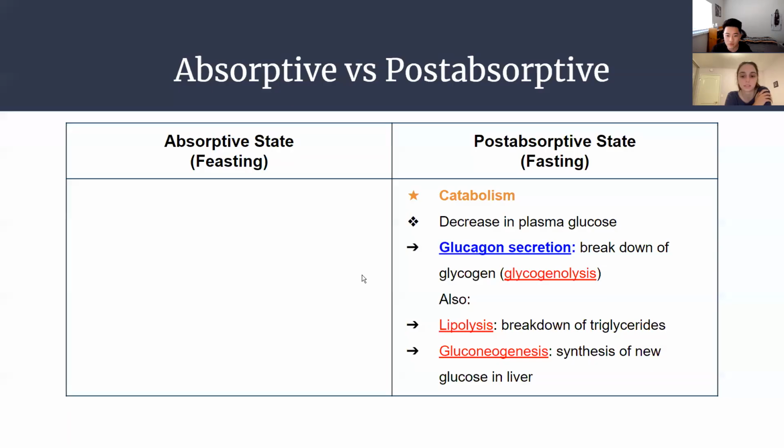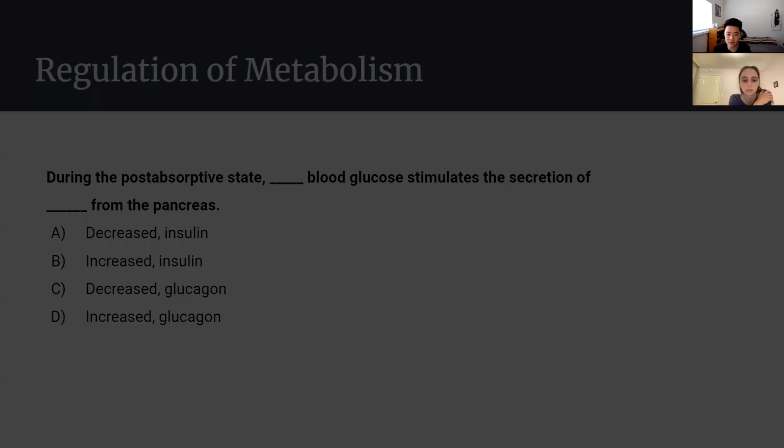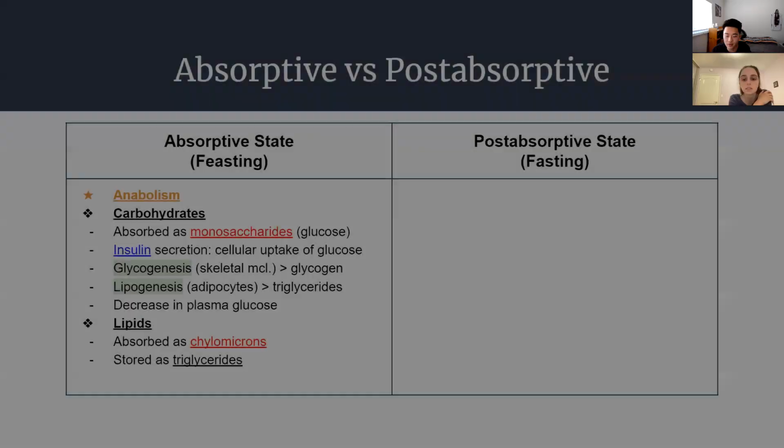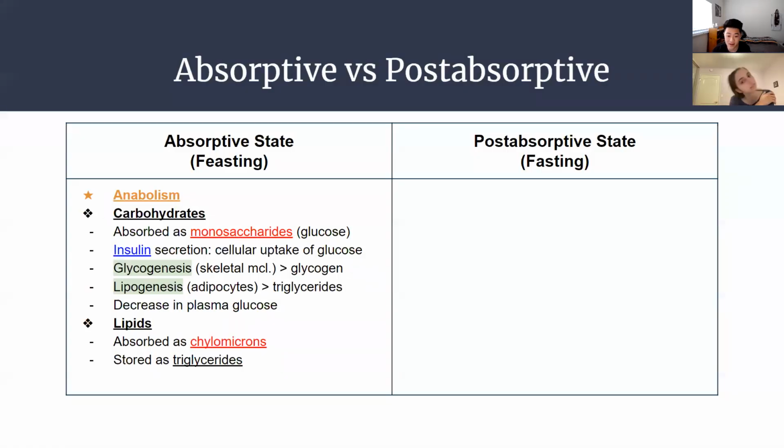And also for absorptive and post-absorptive states, where there are two different periods of metabolism, you can create a chart to understand it better. And also when you rewrite notes from lecture, try to write them in your own words rather than just copy them word for word, verbatim, right? You want to make sure you understand the concept and write it in your own words.